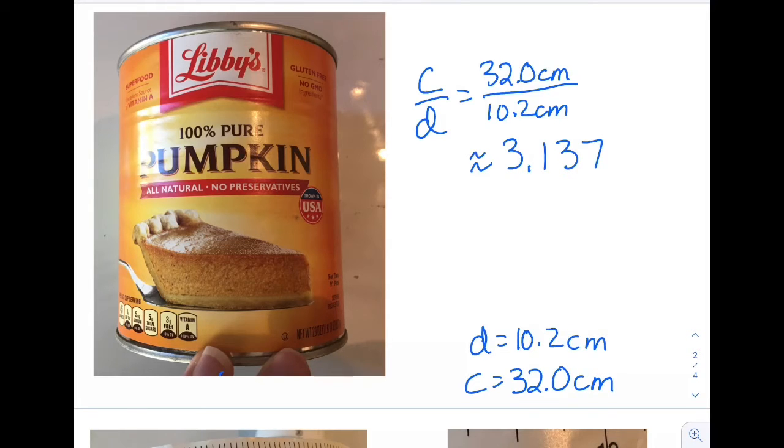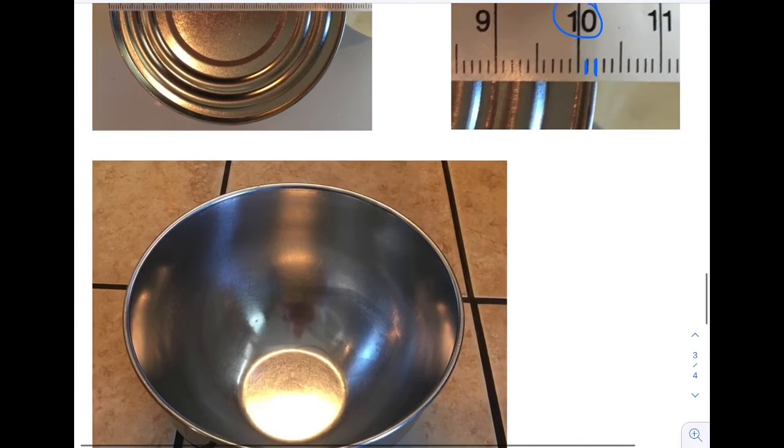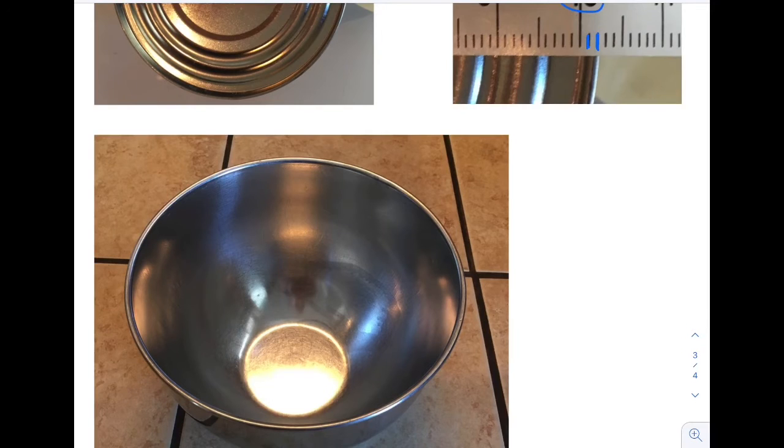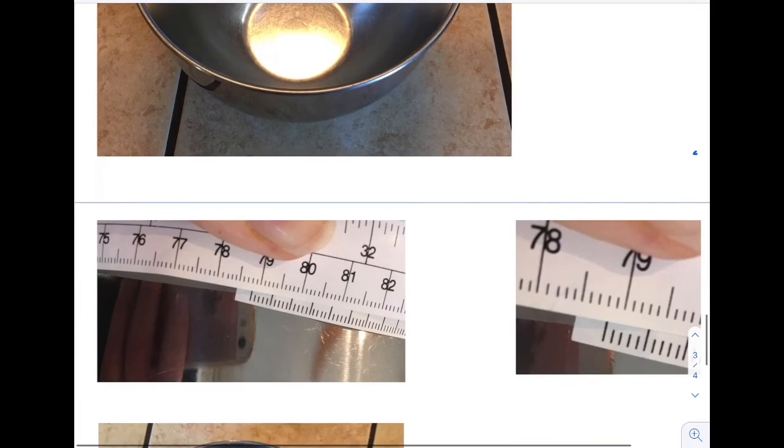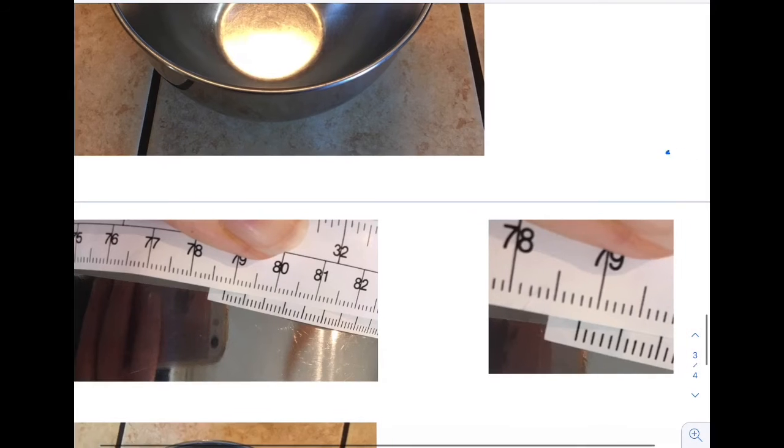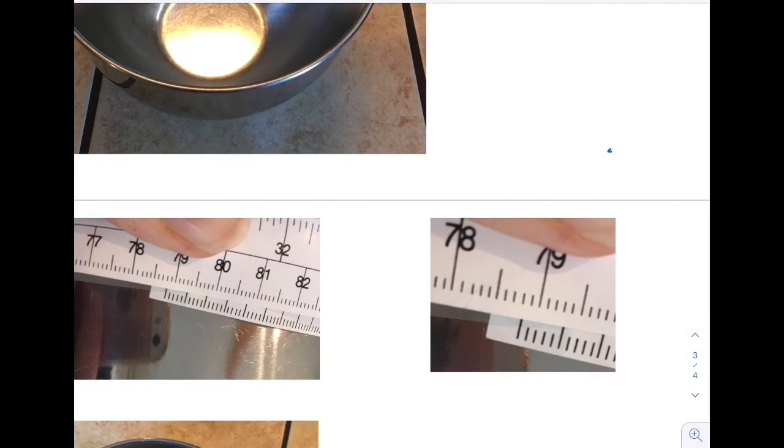I found a big mixing bowl, and I found the circumference first. So wrapping it around, and then I zoomed in over here, and it looks like I was at 78.5, about 78.8, not exactly, but we'll go to the nearest tenth here.